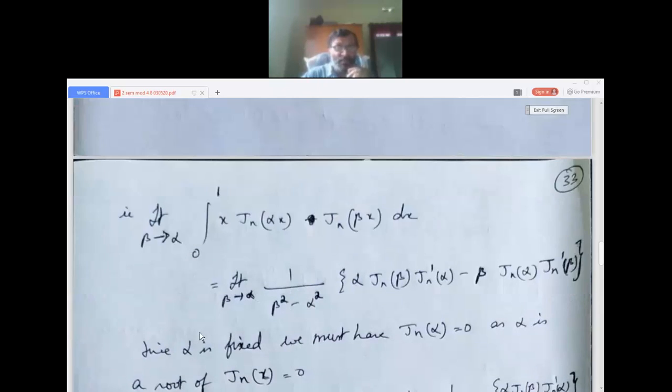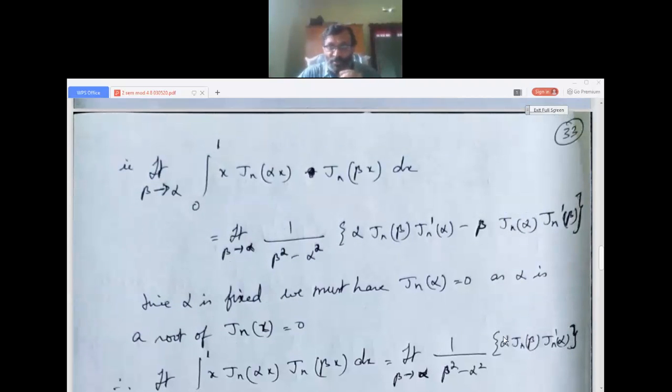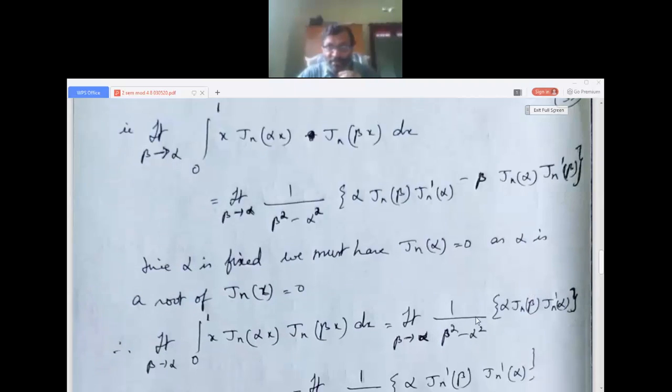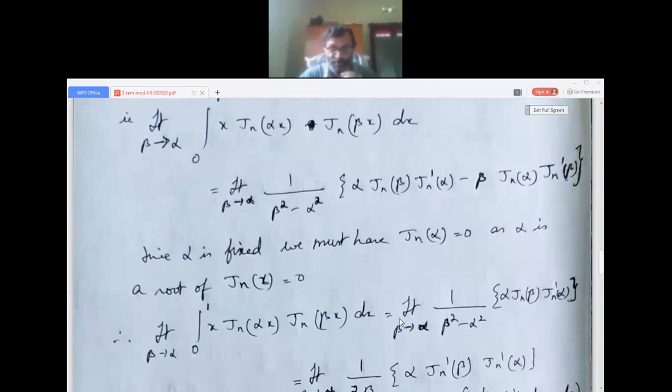Limit beta tends to alpha, the integral from 0 to 1 of x Jn(alpha x) Jn(beta x) dx is equal to limit beta tends to alpha of 1 by beta squared minus alpha squared. Now here alpha equals beta, we get alpha Jn(beta) Jn'(alpha), but Jn(alpha) is 0 because alpha is a root. So this part will be 0, so only the first part remains.